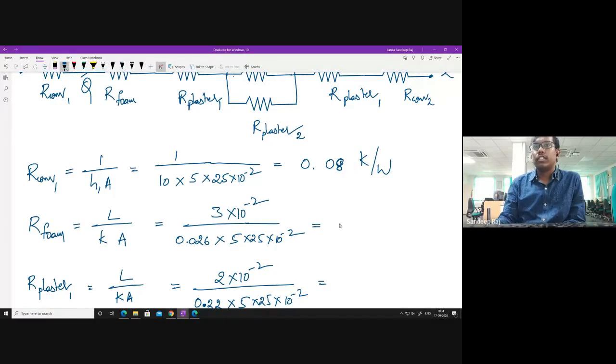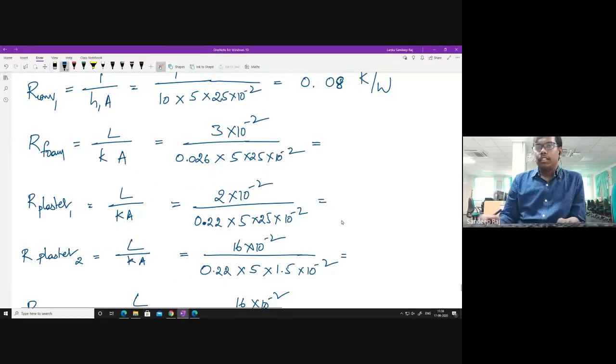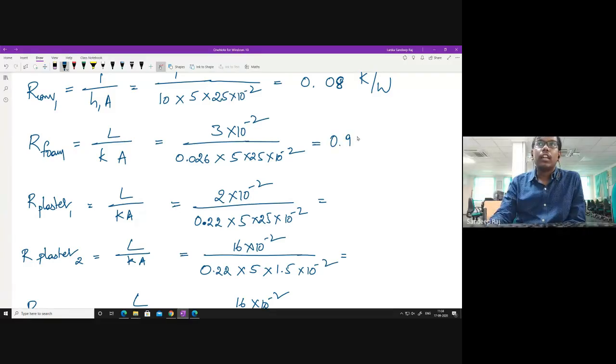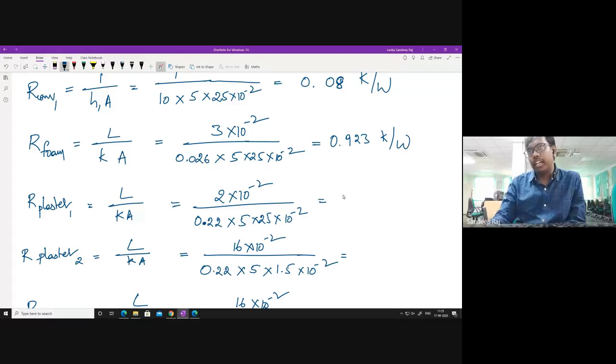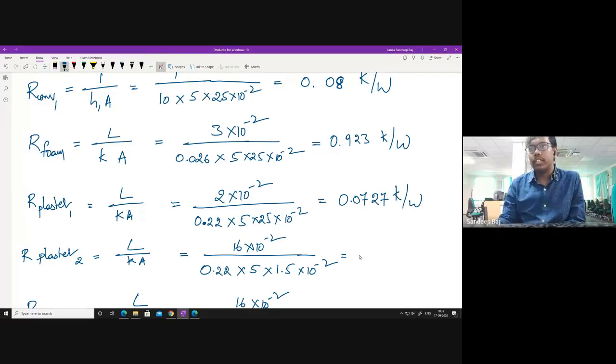This one. Next, R foam: 0.923 Kelvin per watt. Okay. This one, 0.0727 Kelvin per watt.